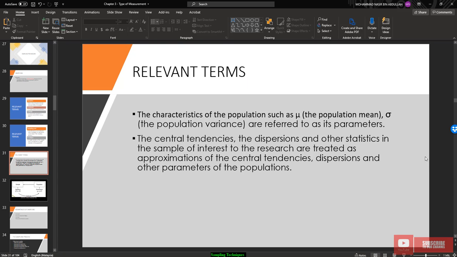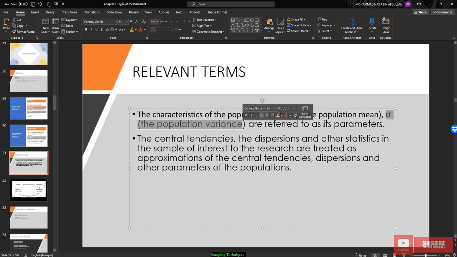So the relevant terms: the characteristics of a population, such as mu, the population mean, and sigma, the population variance, are referred to as parameters. It means we are taking the mean and the variance from the population, right?